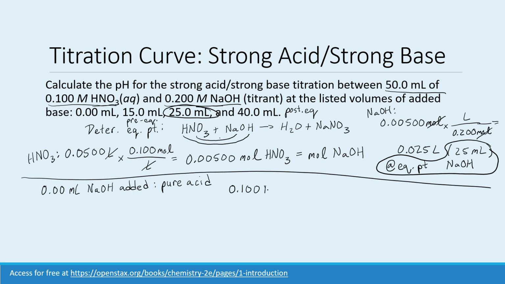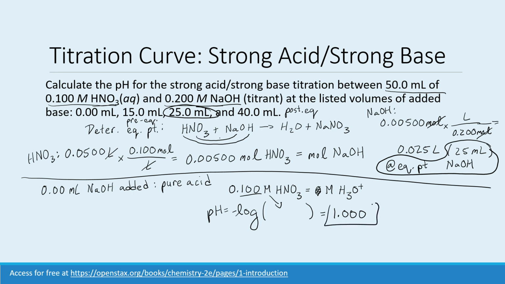We've got the 0.100 molar of nitric acid, and that equals the same concentration that is equal to the molarity of your hydronium ion, because it's just going to completely ionize into that hydronium ion. And so to find the pH, it will be equal to the negative log of that concentration of the strong acid.